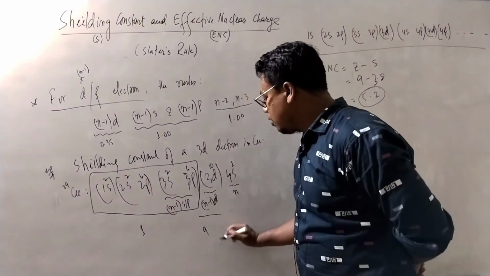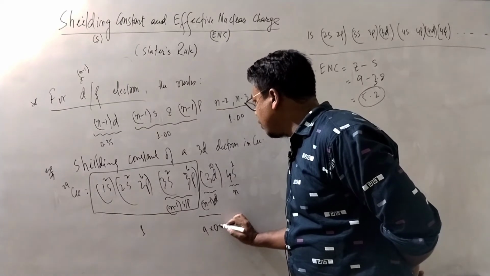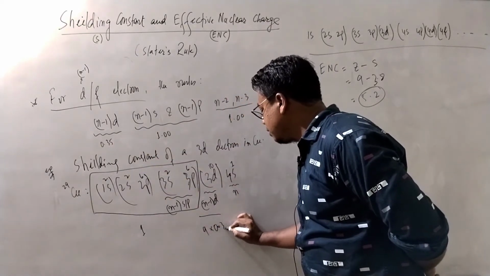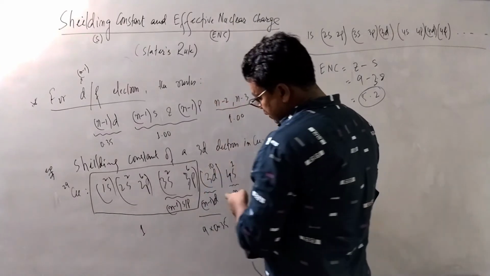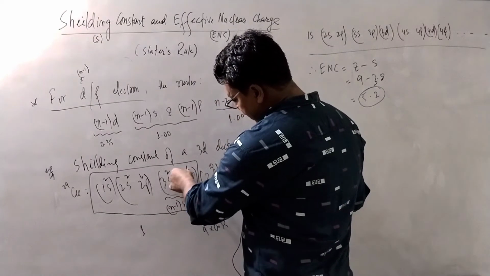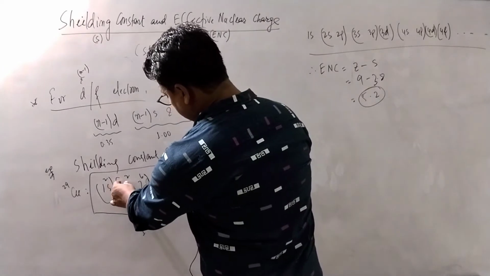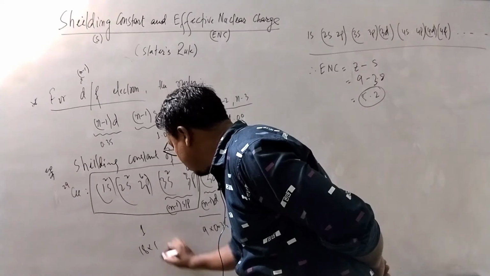So this 9 will contribute 9 into 0.35, and these all electrons, how many electrons are here? 6 to 8, this is 10, 18 electrons will have this contribution, 18 into 1.